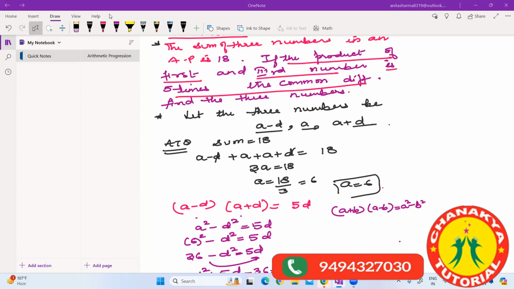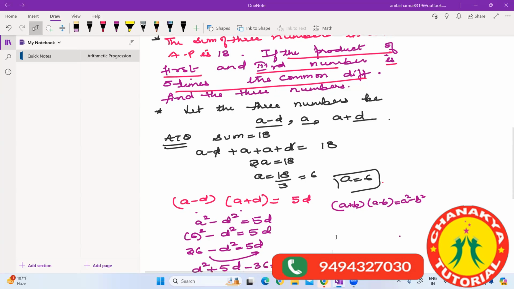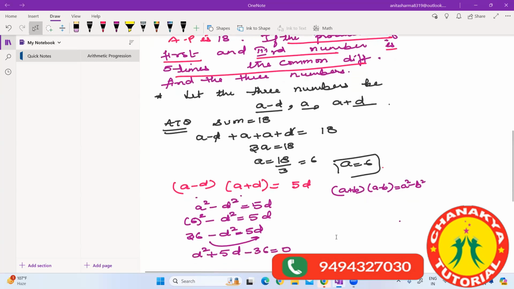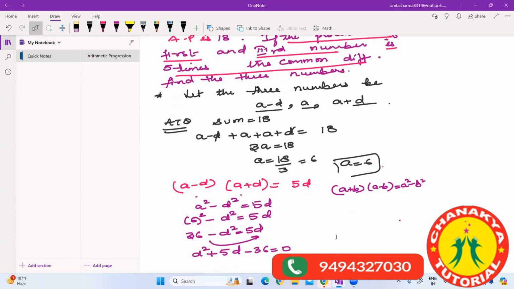Ma'am, 9D minus 4D. Yes, factors are 9 and 4, right? So the value of D will be 4 and minus 9.